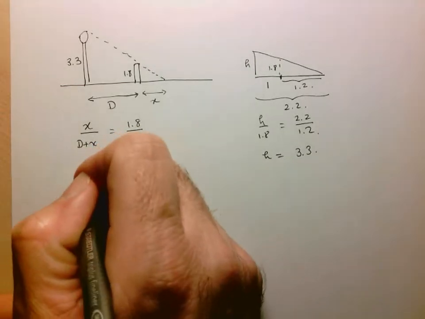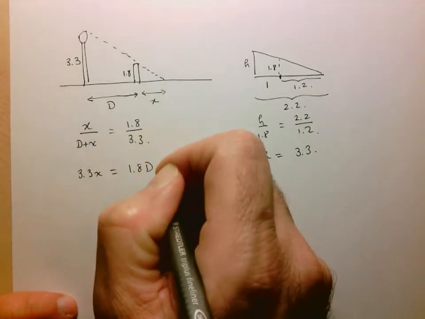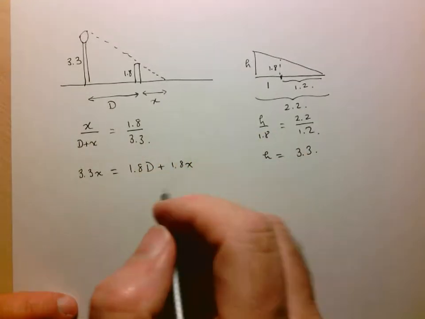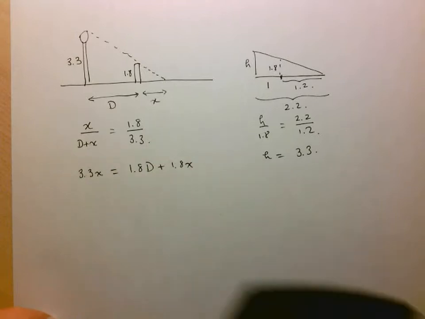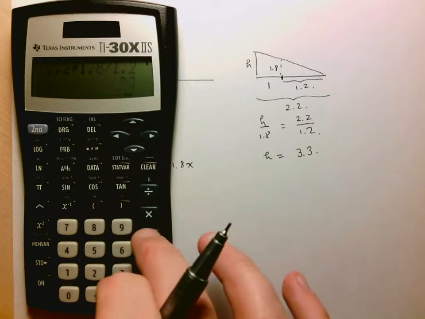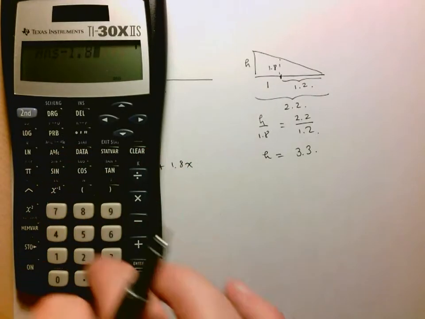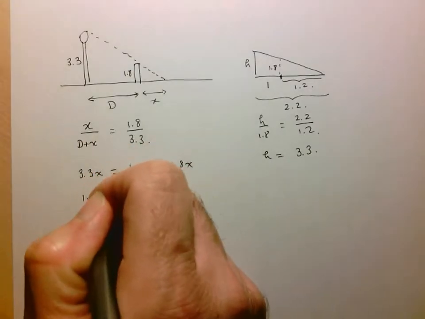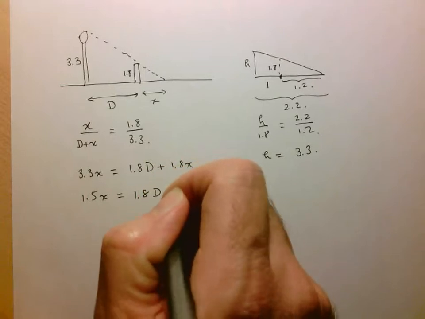So here I've got 3.3x equals 1.8d plus 1.8x. Bring that to the other side. So we've got 3.3 minus 1.8, which is 1.5, equals 1.8d.